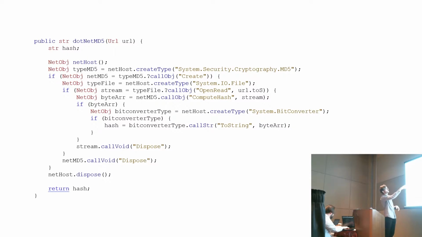And there's a stream, and here is the actual call to compute hash, which will actually do the work. And then there's some kind of conversion to string here. Just a short example. And I believe you will get these presentations afterwards if you need to see them and see the code and so on.